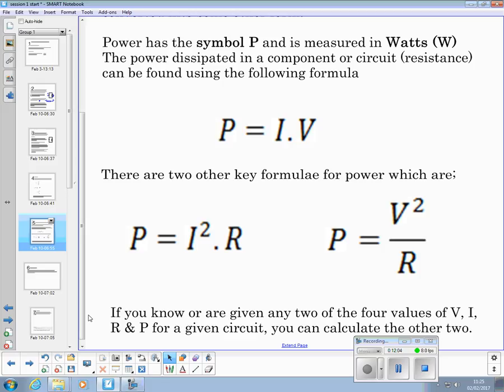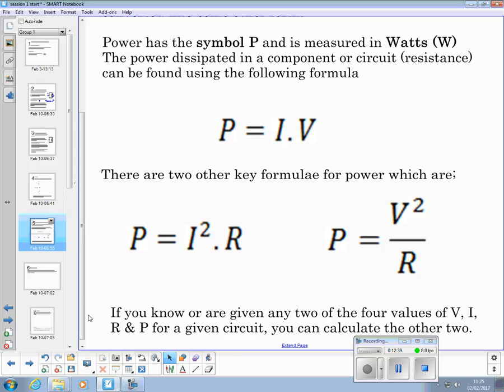And they are that the power is equal to I squared times R, and also you can get power from V squared divided by R. And with those four formulae, that's the Ohm's law one, and that one, if you know any two of the four values, V, I, P and R, you can find the missing two.